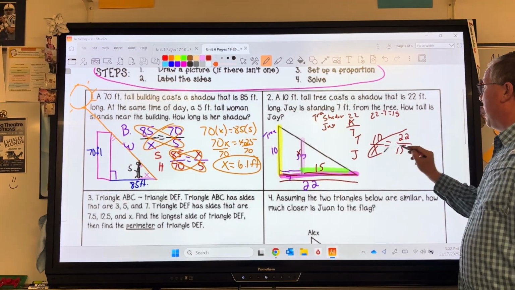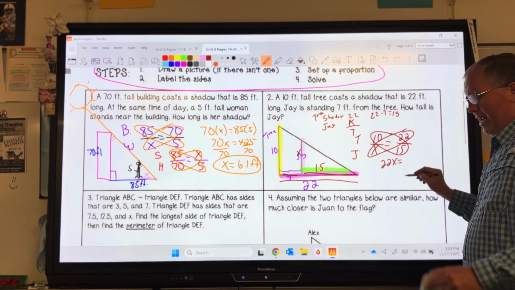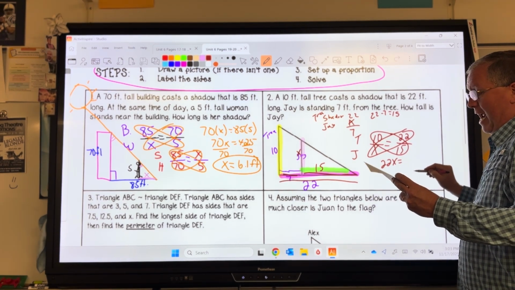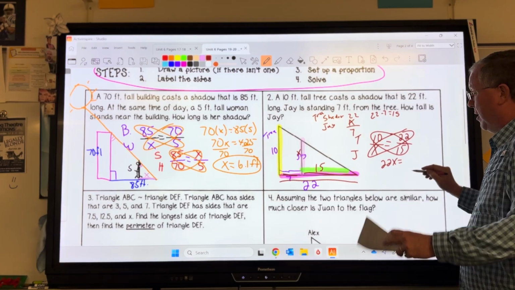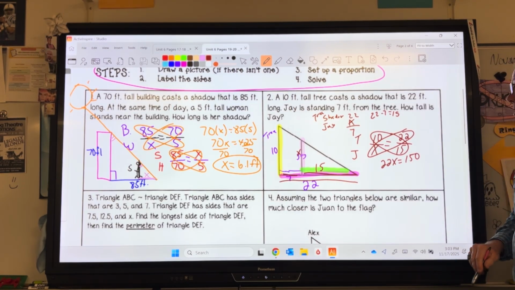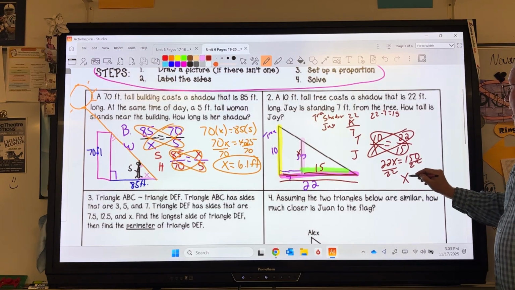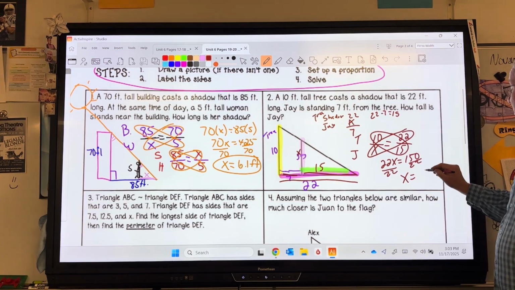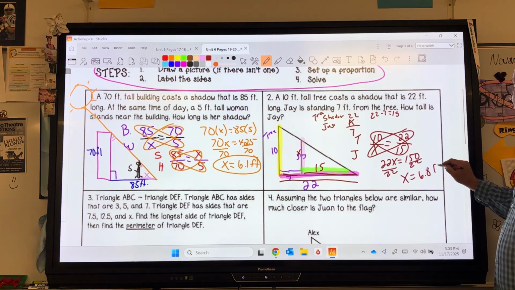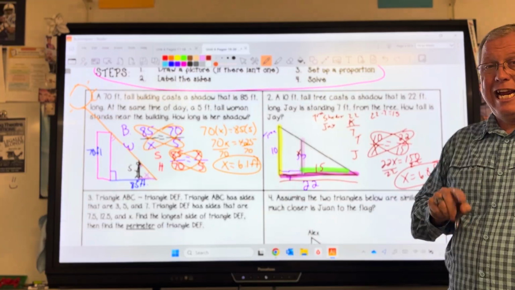We cross multiply. I get 22x equals, oh, I'm sorry, 22x equals 150. Otherwise, I'm going to get 300. 22x equals 150. Divide by 22. And I get x equals 6.8 feet. And that is J's height.